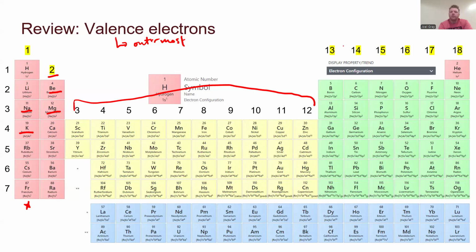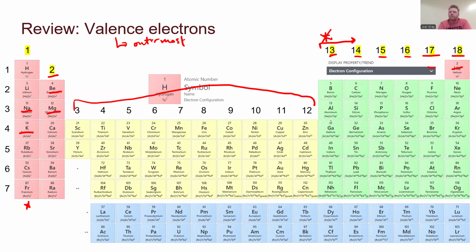However, when we jump over to this side of the periodic table, it's a little more clear. We can say this has three valence electrons, 4, 5, 6, 7, and 8 valence electrons. It's a little simpler.